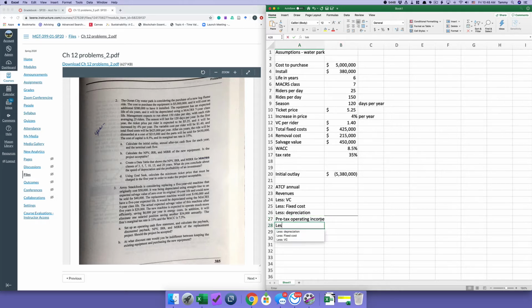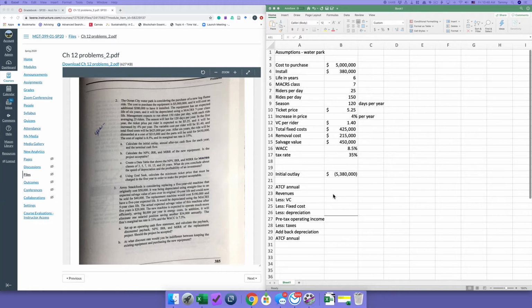And then we subtract taxes. And then that gives us our after-tax operating income, and then we add back depreciation. And then that will finally give us our after-tax cash flow. Okay, that makes sense? So now, let us figure that one out.